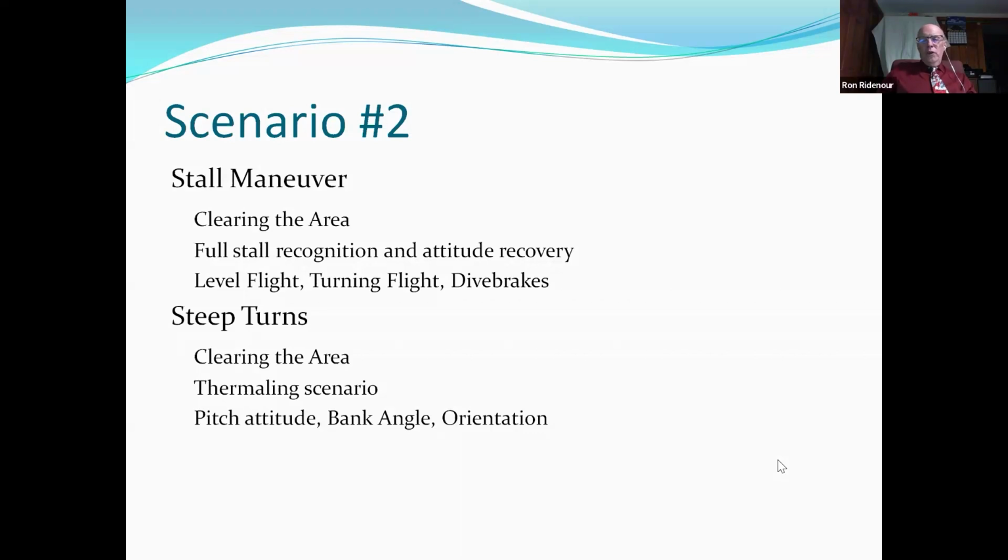I usually recommend that you do at least a 720 and even a 1080, two or three turns as a minimum when you're introducing steep turns, because it allows your learner to get accustomed to the G loadings, the pitch attitude that's necessary, and the bank angle that's necessary. How do you maintain that bank angle?